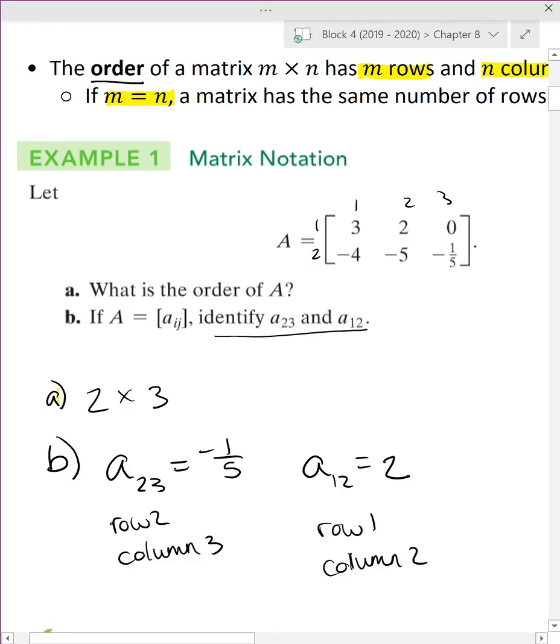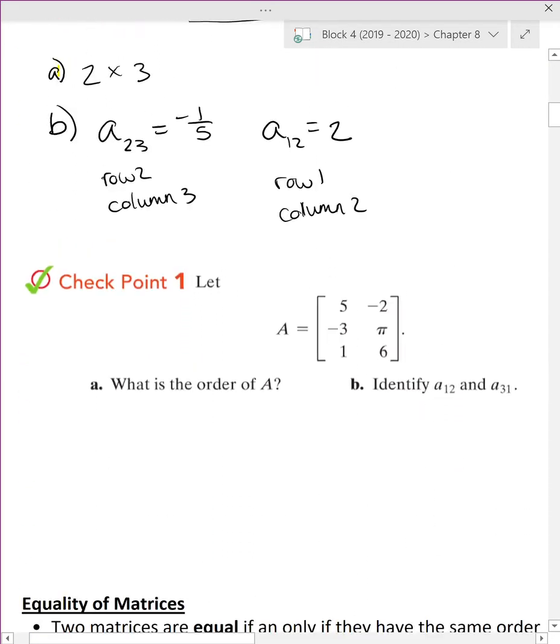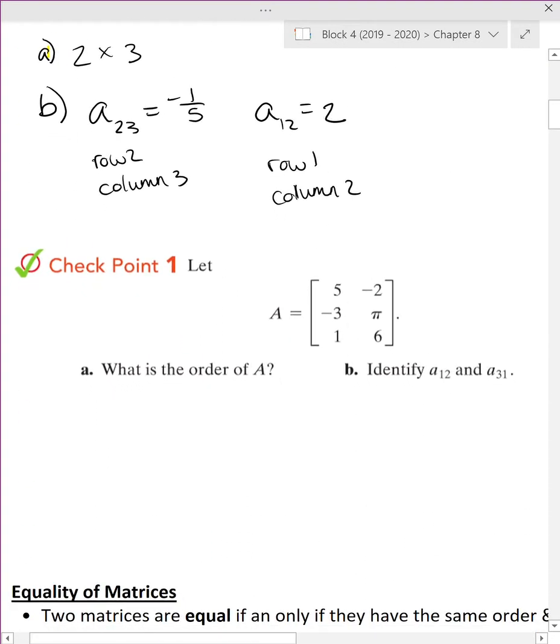So what I'd like you to do right now, pause the video and try out checkpoint 1 on your own. Okay, so what is the order of matrix A? Well, now we have 1, 2, 3 rows and 2 columns. So it's a 3x2.